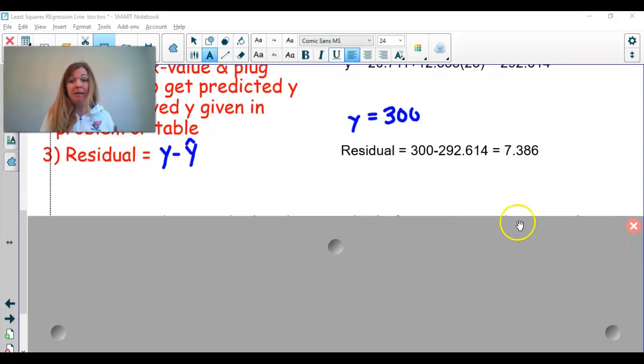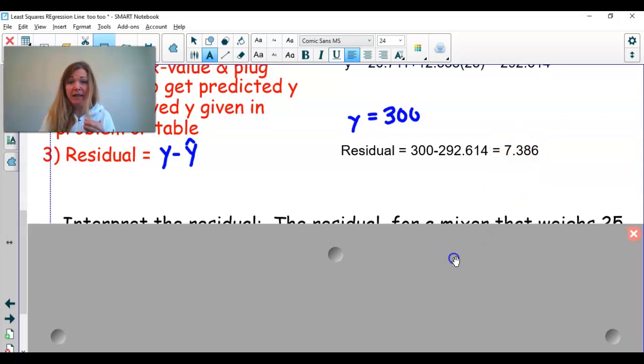What does that mean? Well, look, we predicted that mixer to be approximately $292.61. It was actually $300 though. What does that mean? We underpredicted, right? We were off by about $7.39.